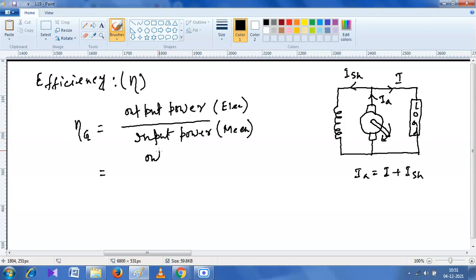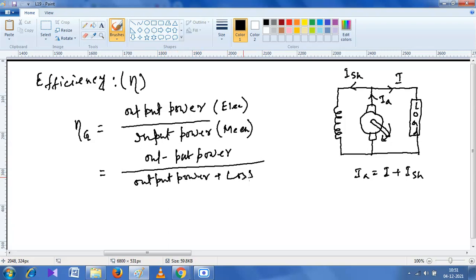So we can write the input as output power plus loss.